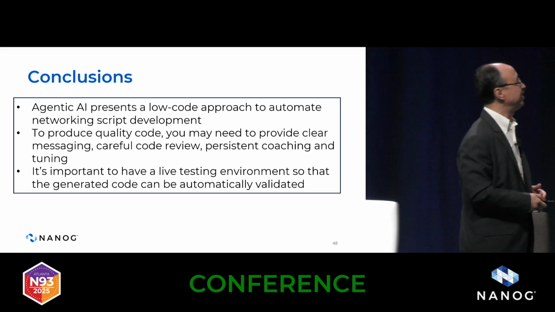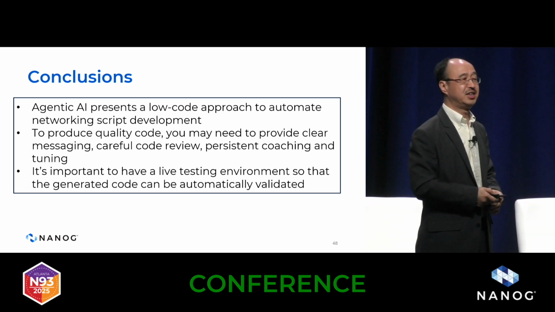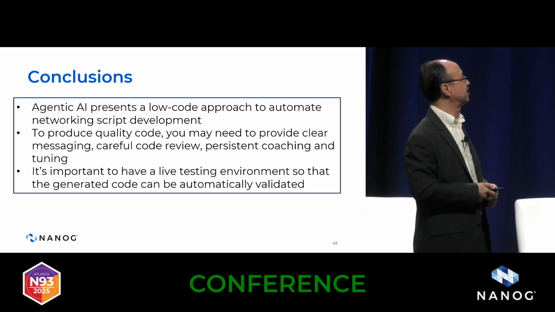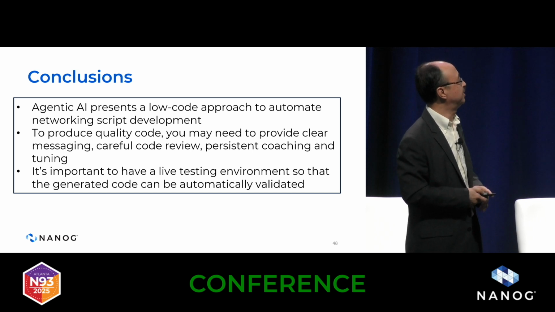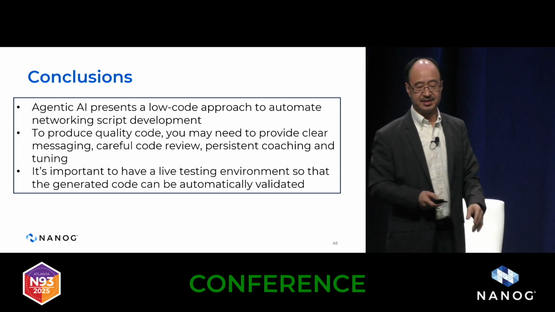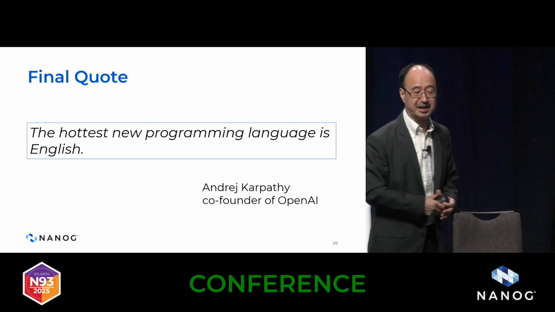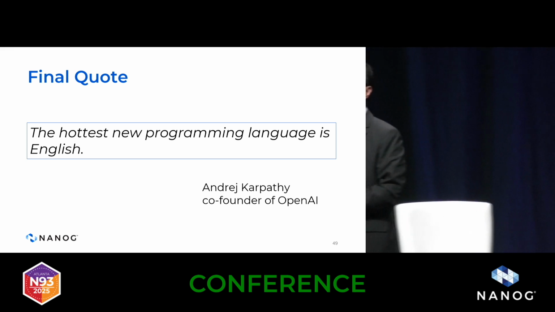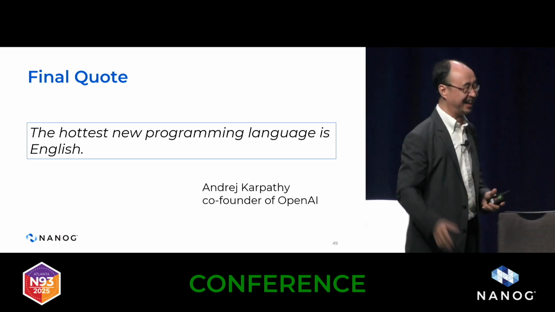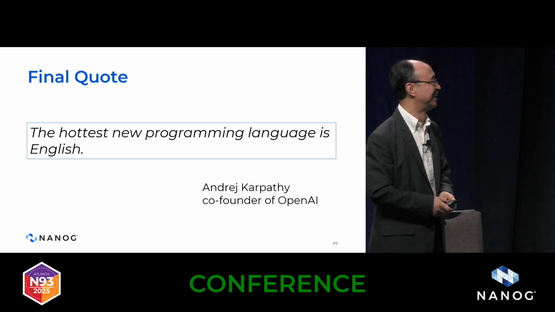And definitely, Agentic AI presents a very interesting local alternative for software script development, for networking script development. And it's important for you to validate the code and review this code. And the hardest new programming language is not Python, according to Andreas. All right, and I'm open for questions.